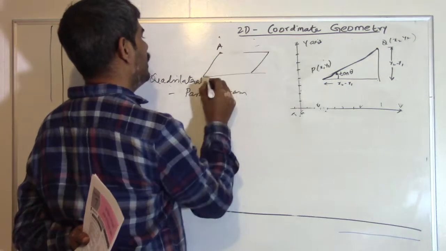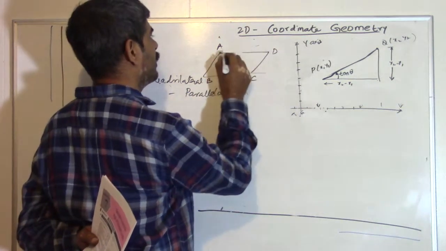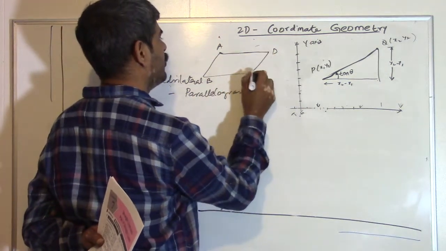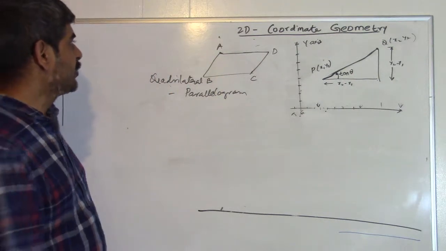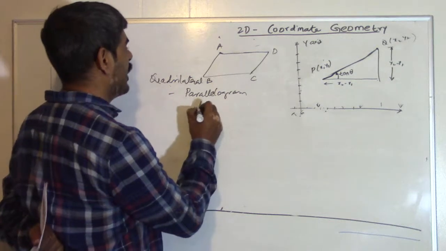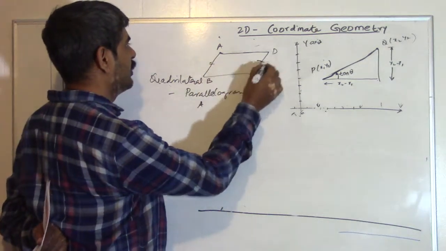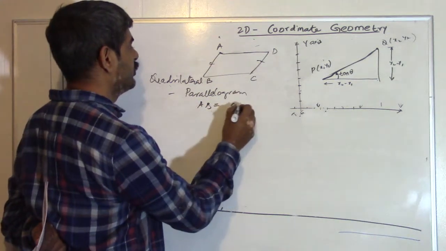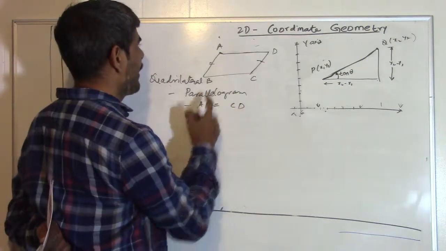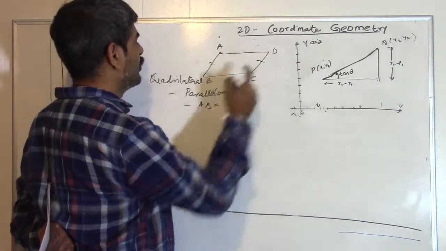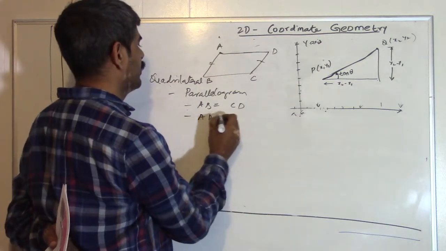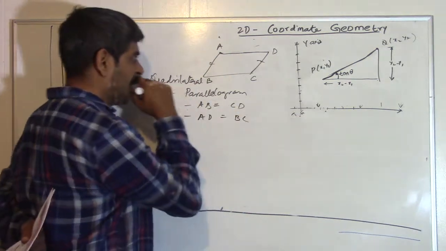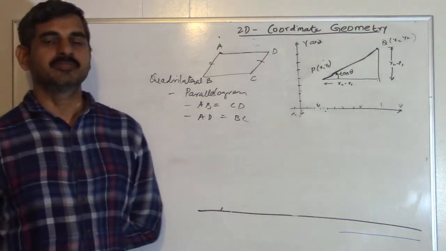If I call it A, B, C, D, how do we make sure it's a parallelogram? In a parallelogram, AB will be equal to CD, and AD will be equal to BC, and we have a parallelogram.